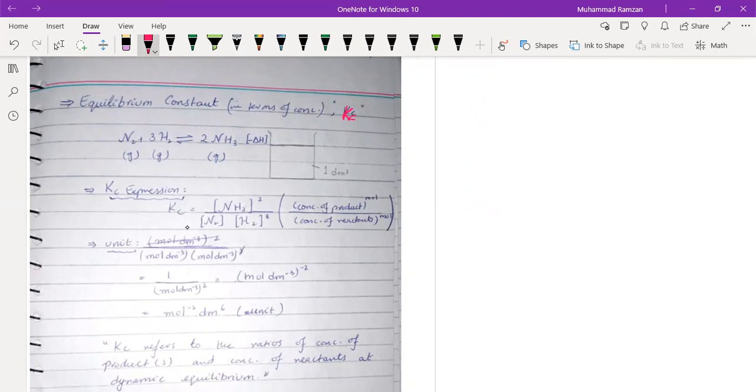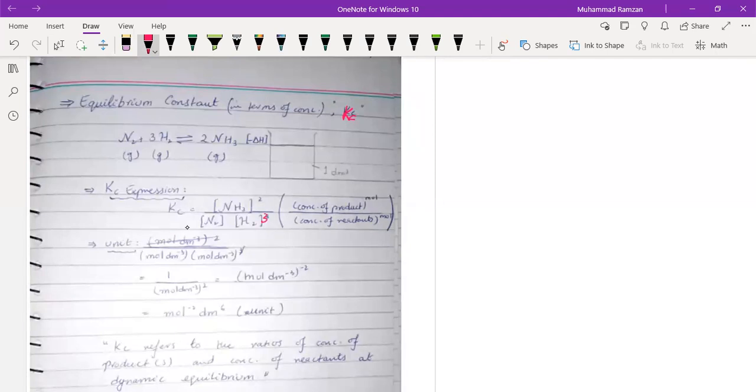This is the way to show concentration. So concentration is in square brackets and raised to power 2, and for H2, its moles are 3, and that's why H2 is raised to power 3. So this is basically the ratio of product and reactants concentration at dynamic equilibrium.